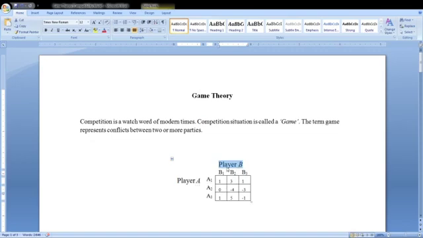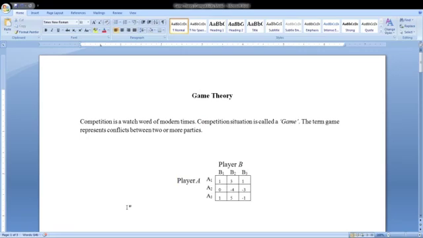So player B is trying counter strategies so that player A does not score more runs. That is also a game, and that's an example which best fits here.